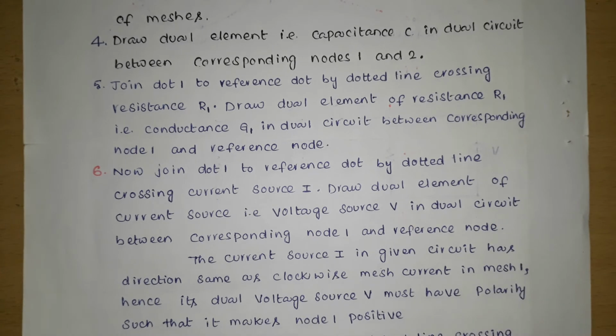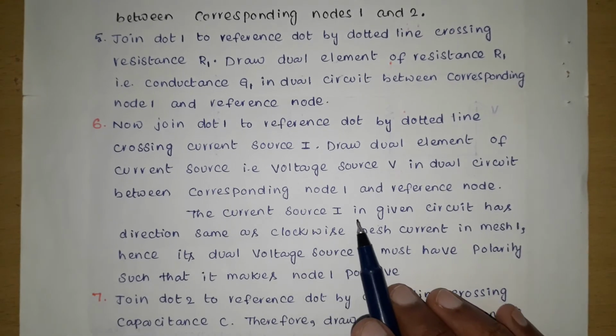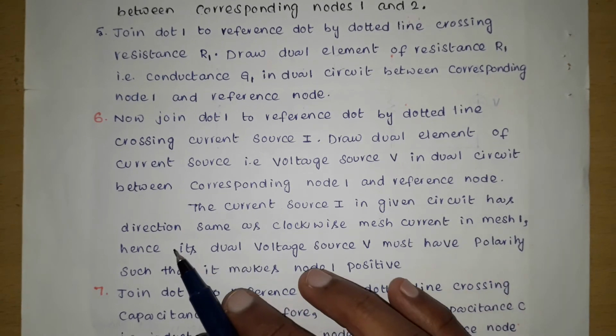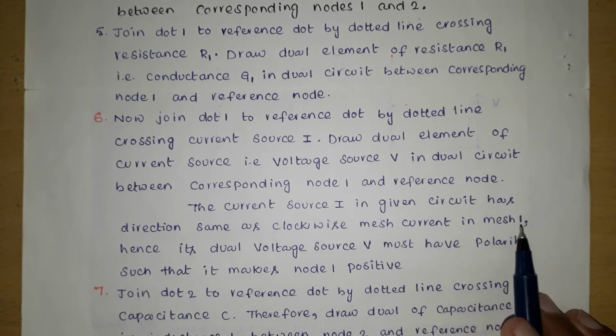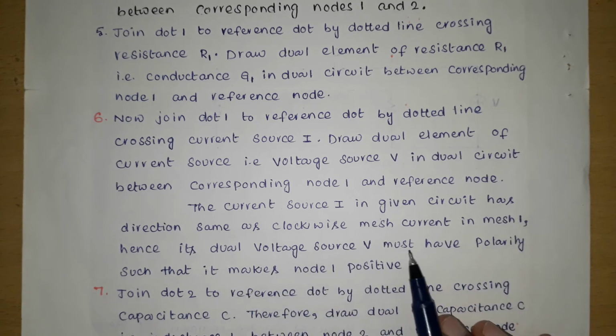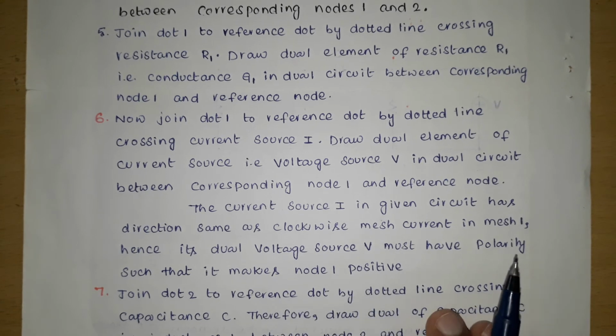The current source I in the given circuit has a direction same as the clockwise mesh current in mesh 1. Hence its dual voltage source V must have polarity such that it makes node 1 positive.